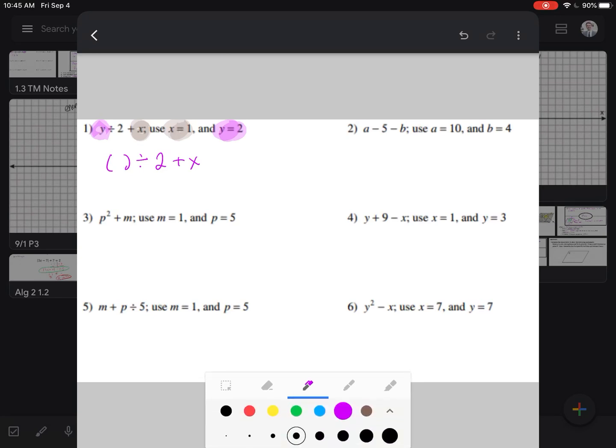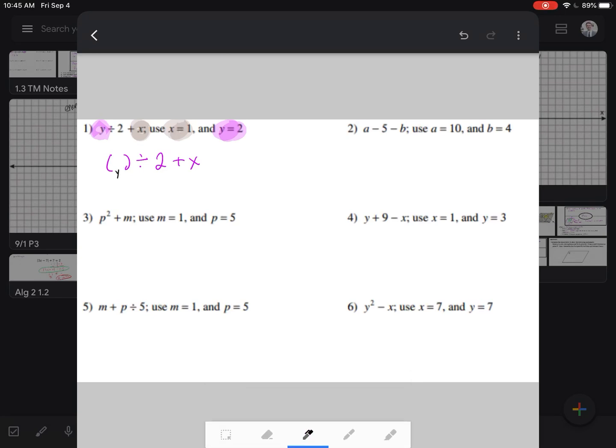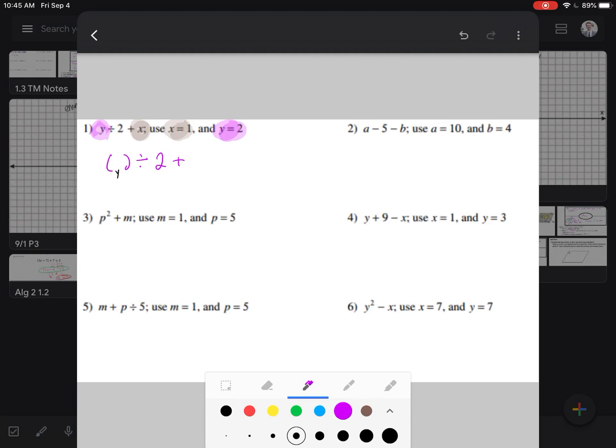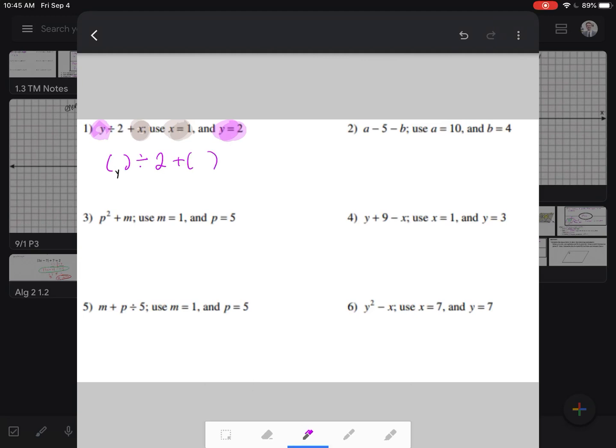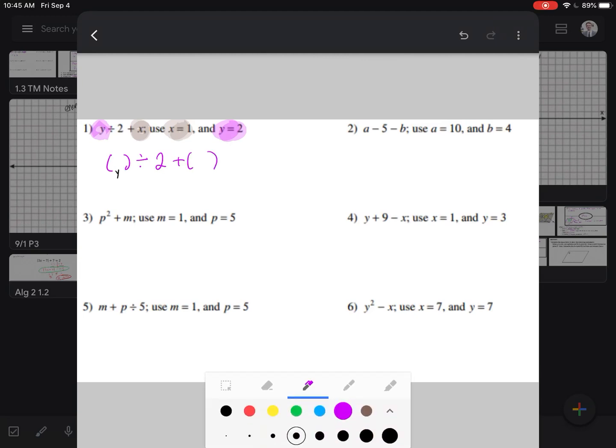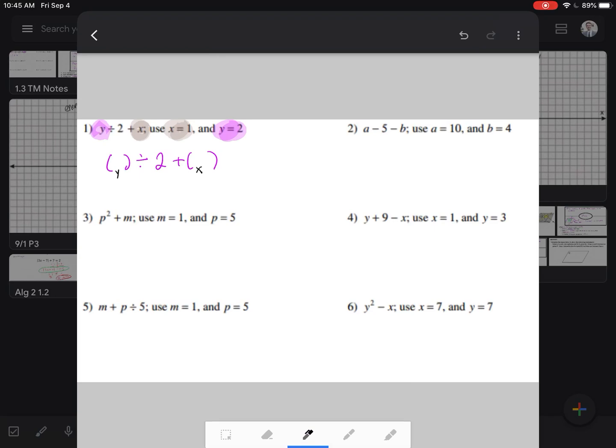What I do, kind of like a little check to make sure I never make a mistake, is I write really small underneath where I put my parentheses, which I'm just realizing I should have put that there. I write the variable really small under where I should have put my parentheses. So I know, even though the parentheses are there, the variable's gone, I know that my x belongs here, and I know that my y belongs here. And if I do that, I will be okay.